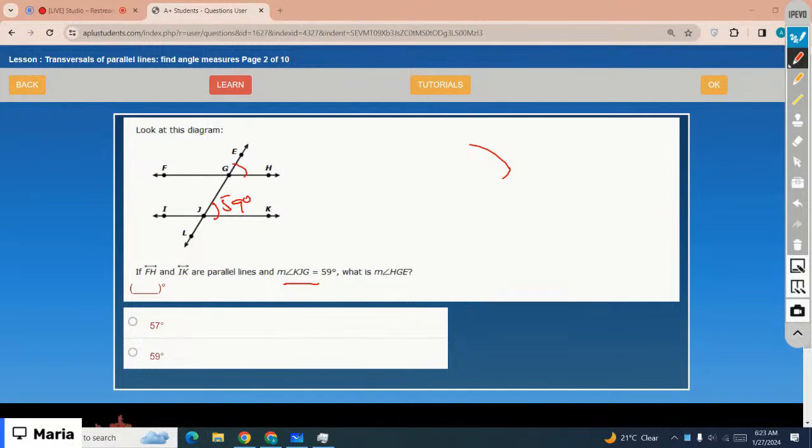Which is the correct option? HGE is also 59 degrees. The correct option is 59. Got it?